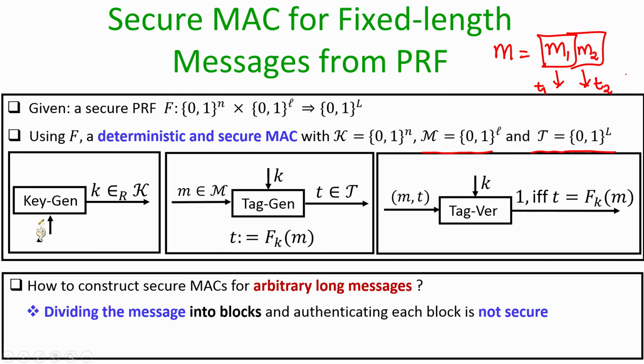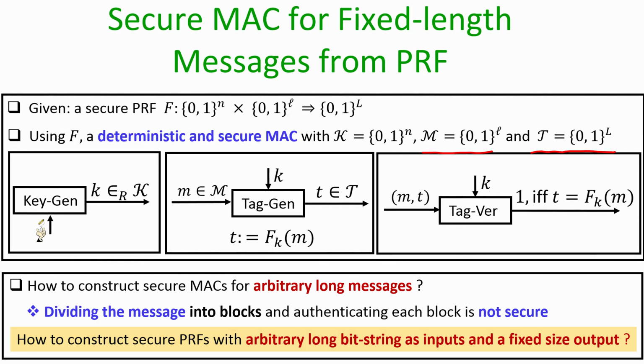Then an adversary who has seen the tag t1, t2 for the message m can easily produce a MAC for a new message m dash consisting of block m2 followed by m1, and that will be a forgery from the viewpoint of the adversary. So, it is not straightforward to just take this MAC construction for fixed length messages and use it to construct a MAC for authenticating arbitrary long messages. The construction is really going to be a challenging task.